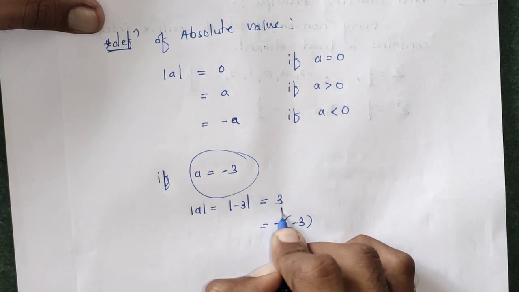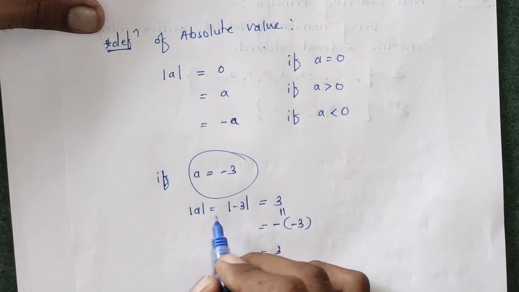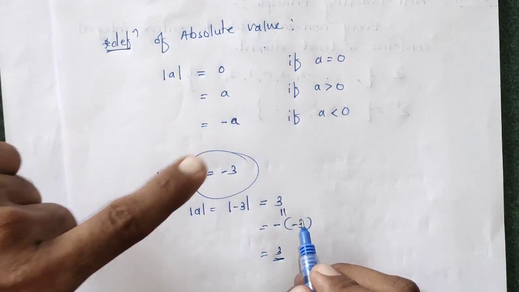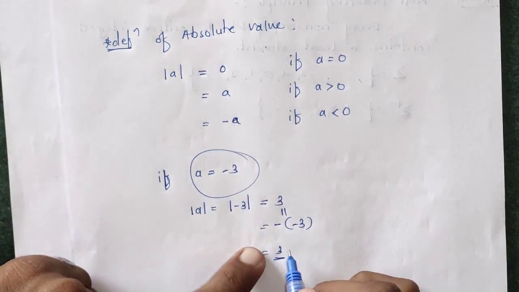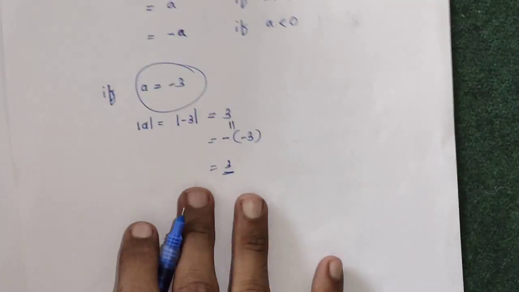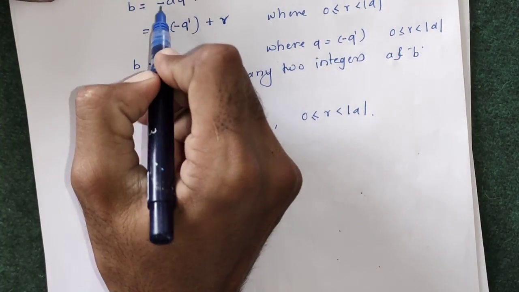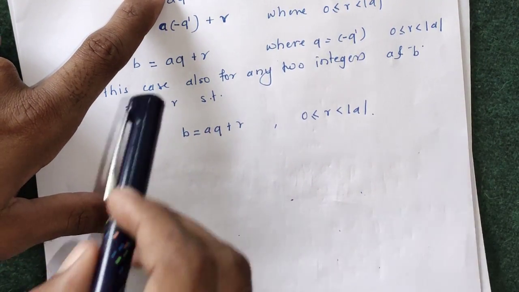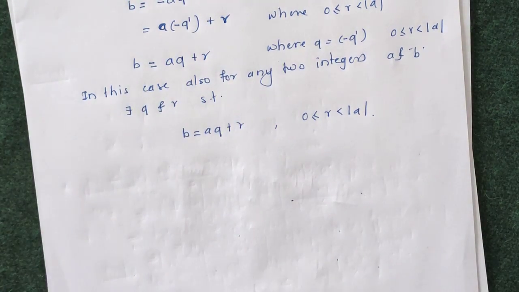Minus of minus 3 is equal to 3. The negative of a negative number becomes positive. This is the definition. Here we use that mod of a is equal to minus a. For a negative number, we take this mod as positive, and for this positive number we use the first case.